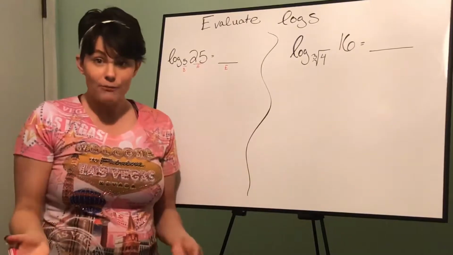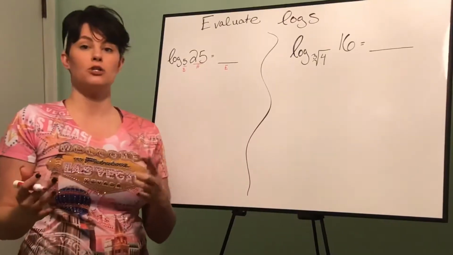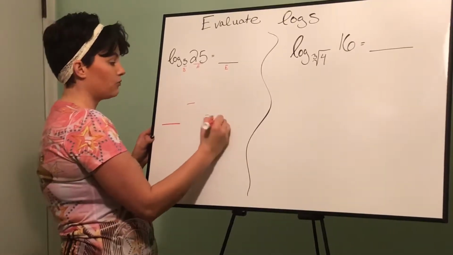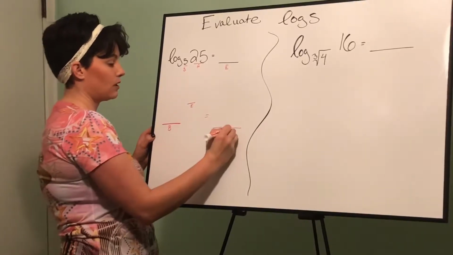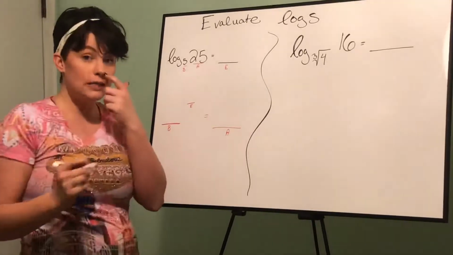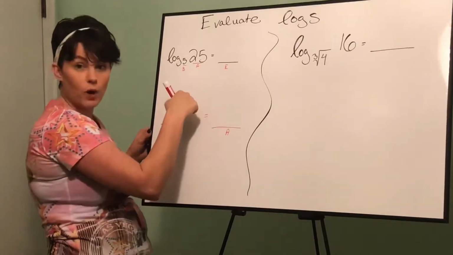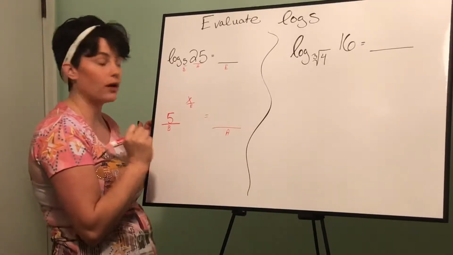Now if that's not obvious to you, there's another way you can think about it. You can kind of put it back into exponential form. So in exponential form it would say base, exponent, answer. You could say, all right, well 5 raised to what exponent? That's what you don't know yet, so you could put an x there so that way you know you're looking for it.